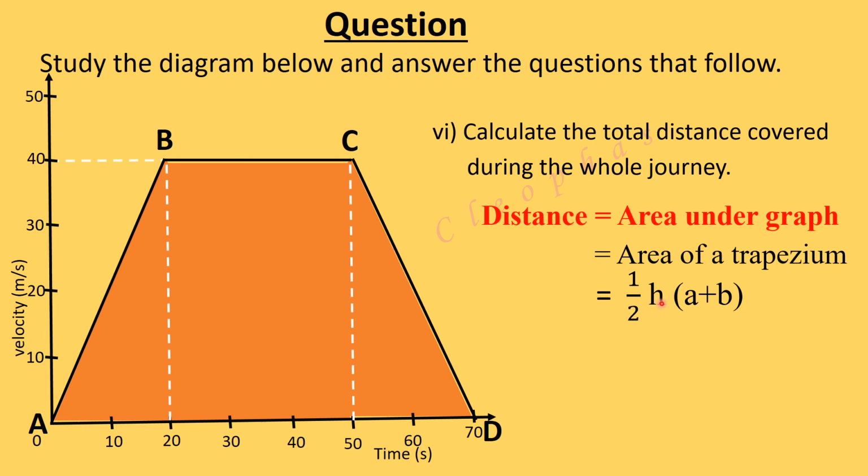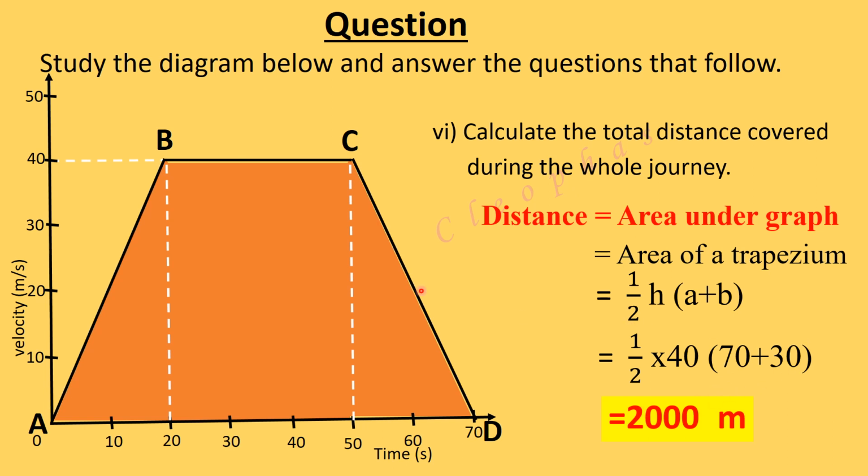So H is 40, A is 70, and B is 30. Let us now substitute here. This is a half times 40 into 70 plus 30, which simplifies to 2000, and the unit is meters since this area represents distance. So our distance, or the total distance covered during the whole journey, is 2000 meters.